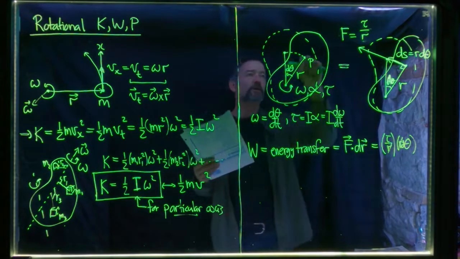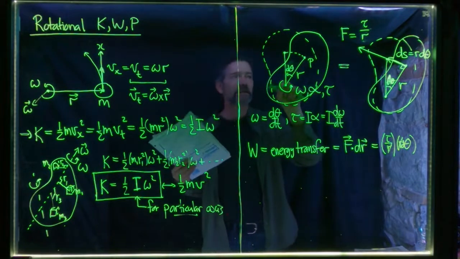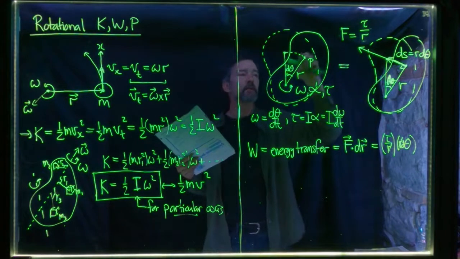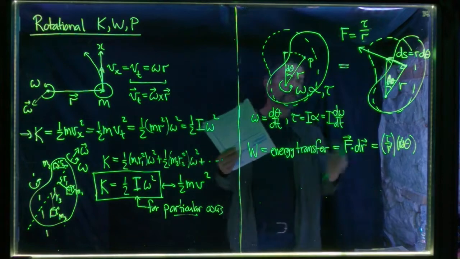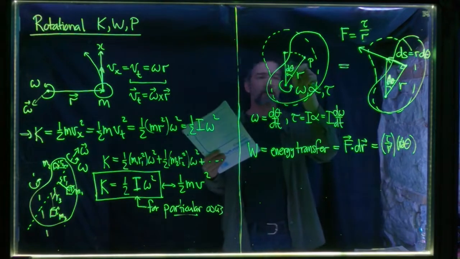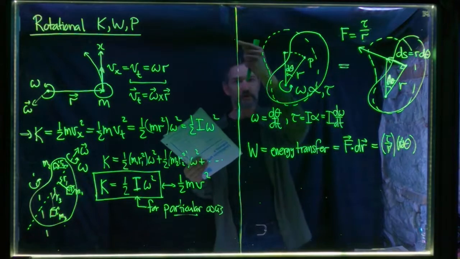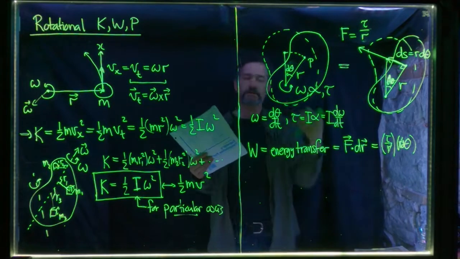It doesn't matter where we grab onto that object, as long as it's not at r equals 0. Pick any point some non-zero radial distance r away from the axis of rotation, and apply a force in that direction. It doesn't matter if that r is small or big. If it's a small r, we have to exert a large force. If it's a large r, we only need to exert a small force to get the same torque.